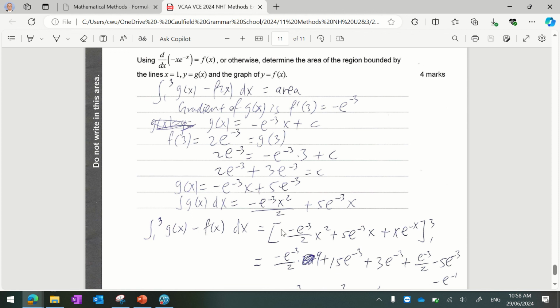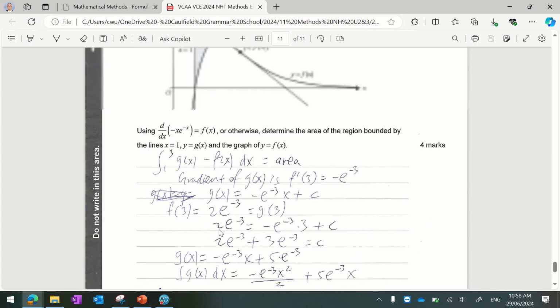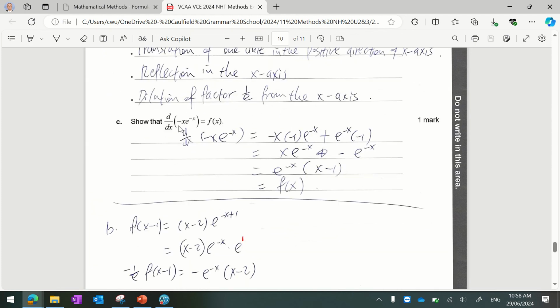So the integration becomes this giant thing, which is fine. Integrate g, I get this. It's an integration of a straight line, so it becomes a quadratic. And then integrate f, well, this is what question C is doing. Question C is actually giving us a hint. For question D, the purpose isn't really to test product rule over and over again.